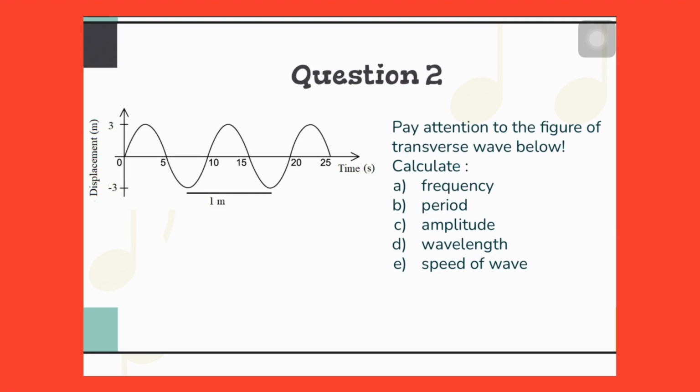And then the frequency is the number of waves per second. And then the period is the time needed to make one wave. And then the wavelength is the distance between two successive points in the same phase. The speed of wave equals frequency times wavelength, or the wavelength divided by the period. Send your answer.